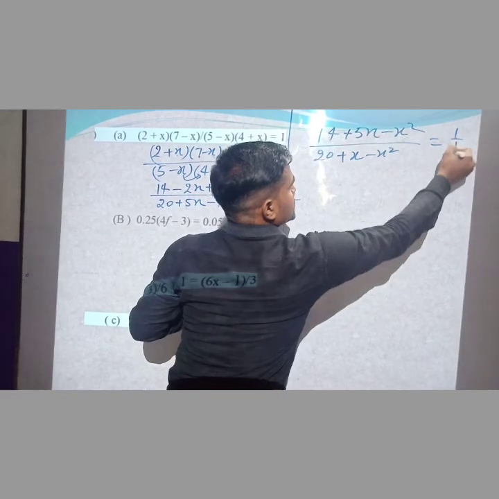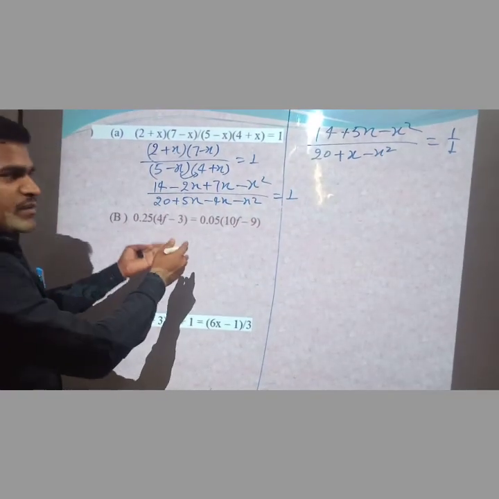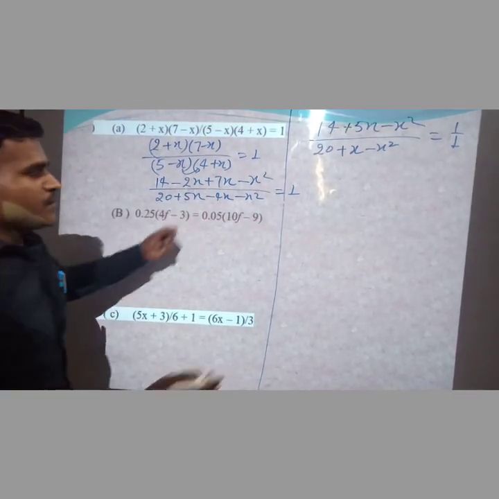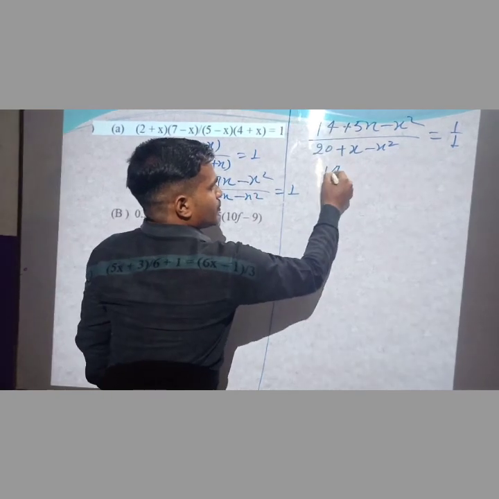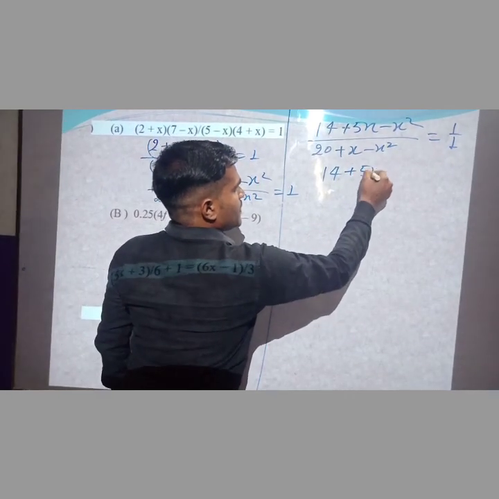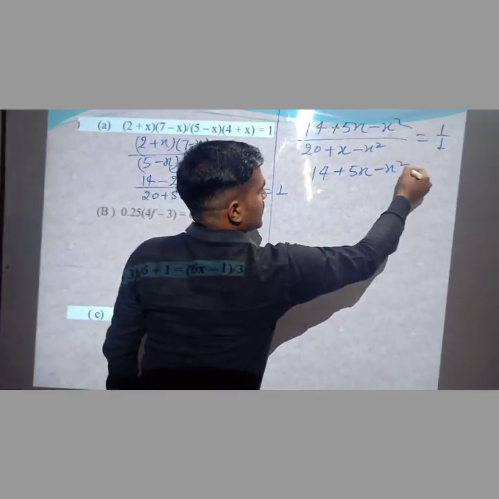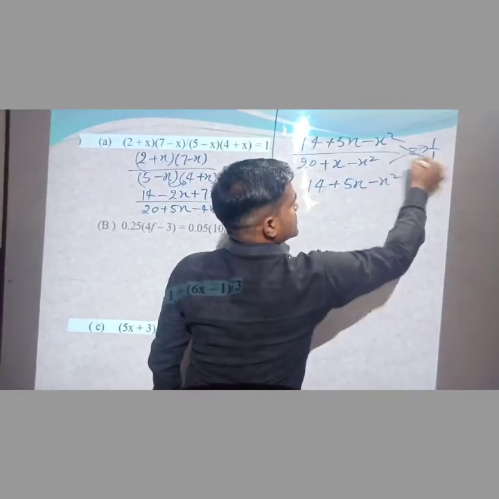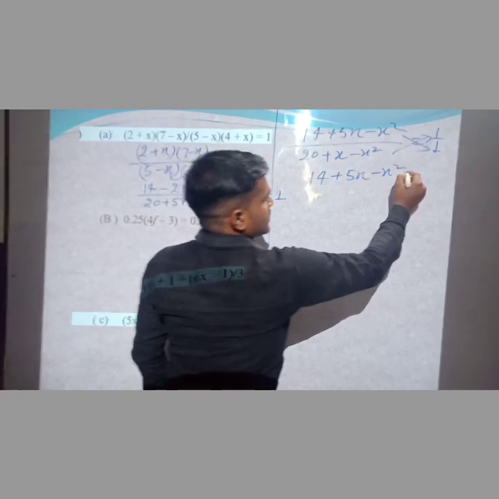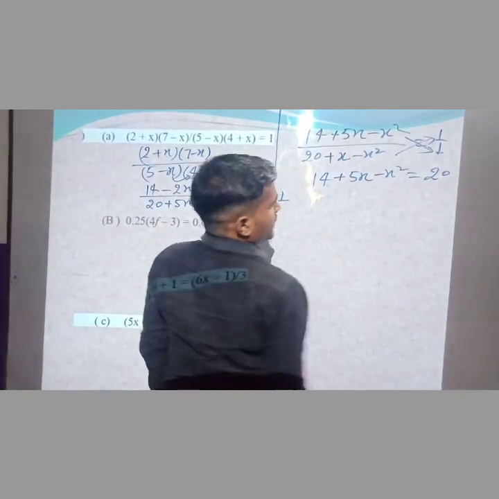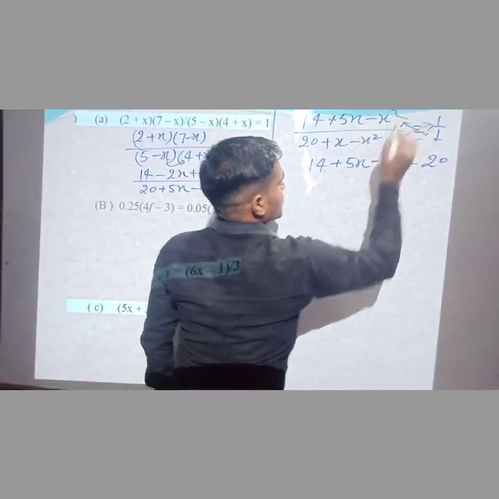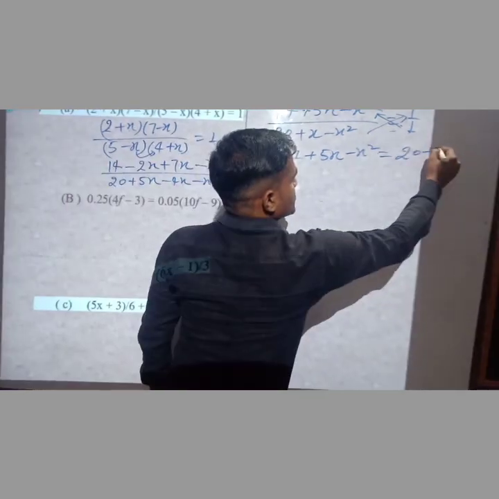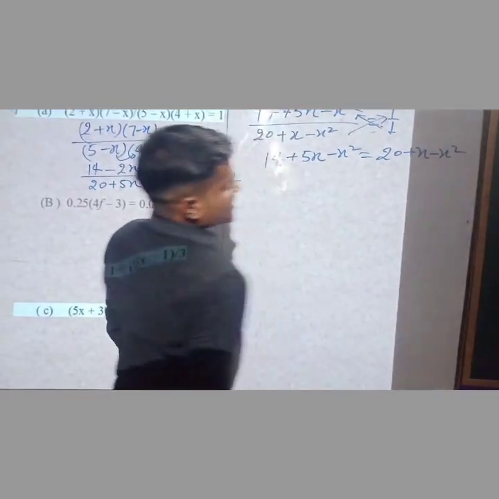We may write 1 as 1 upon 1. So by cross multiplication we get 14 plus 5x minus x square, 1 multiplied here and this one multiplied here by cross multiplication. Yes, so what we get is equal to 20 plus x minus x square.